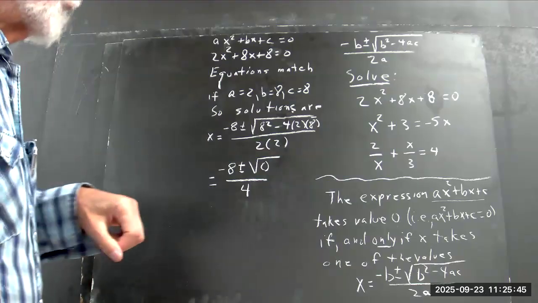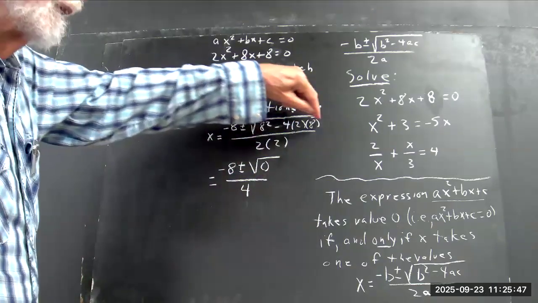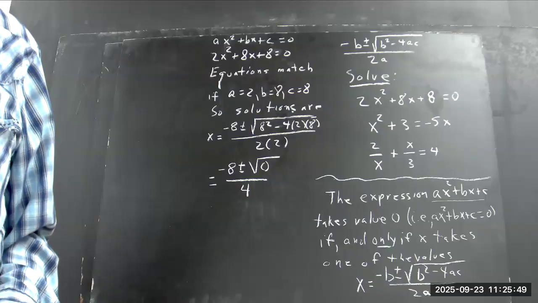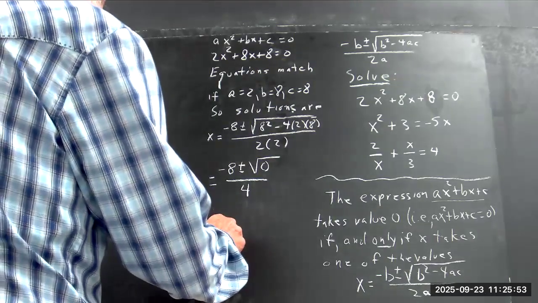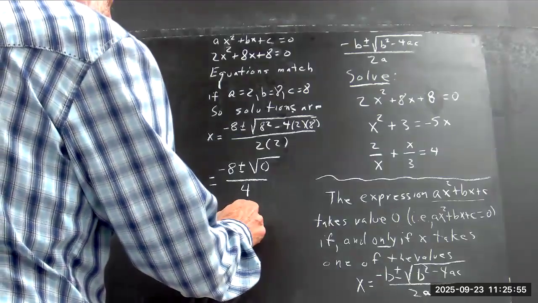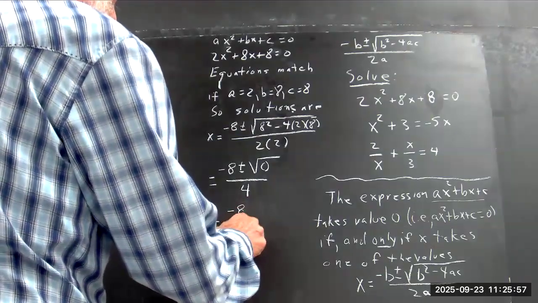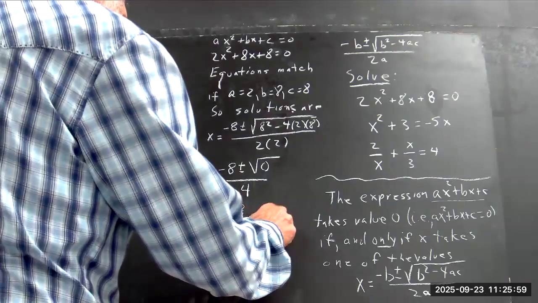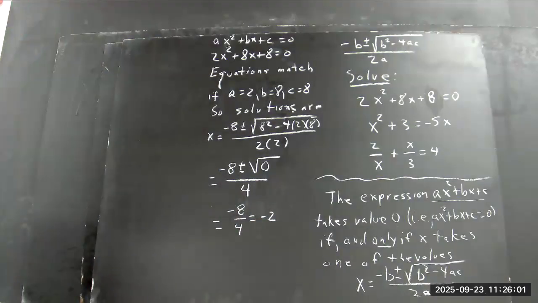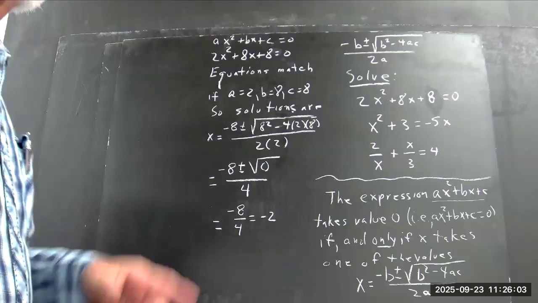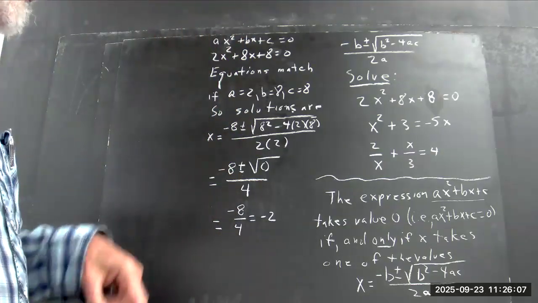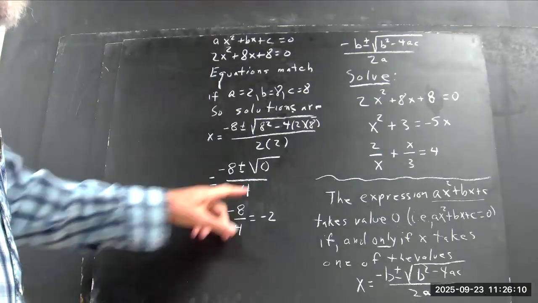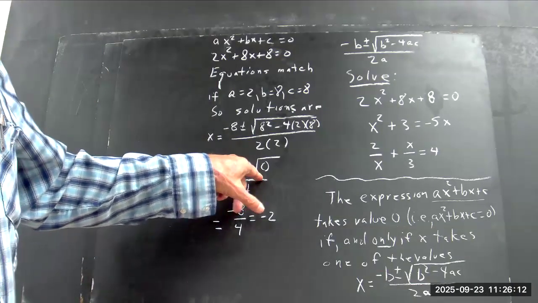Of course, you have to do the arithmetic here, but everybody can do that. We need to teach you how to do that. Okay? So that is just negative 8 over 4, which is negative 2. Now, ordinarily, there are two solutions, one for the plus and one for the minus. But in this case, it's plus or minus 0.